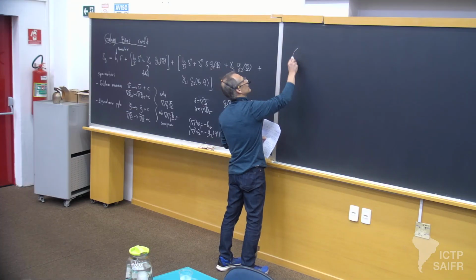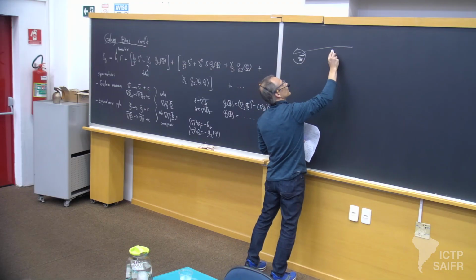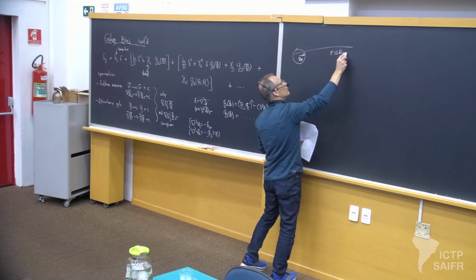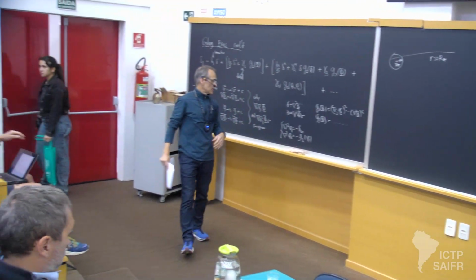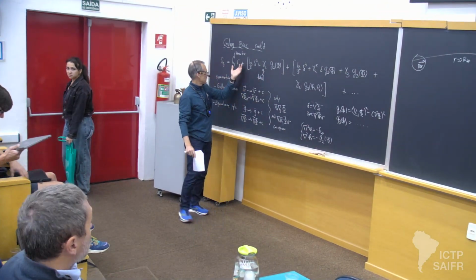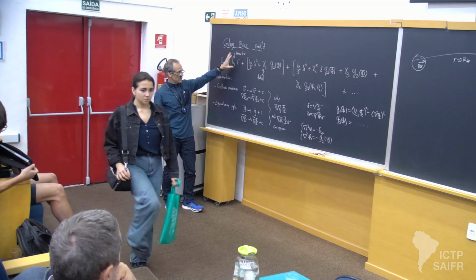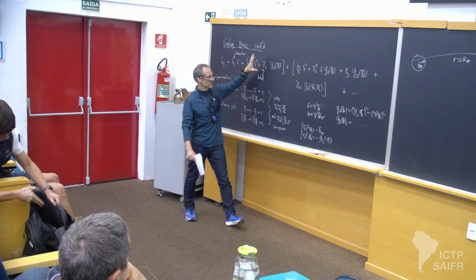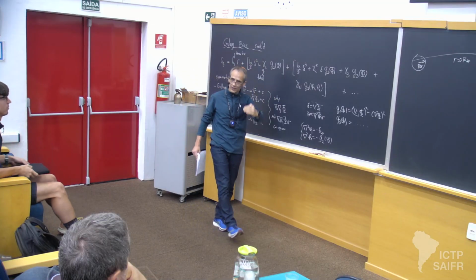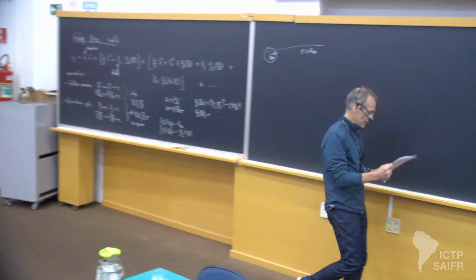So if the size of a halo is R star, we are interested in scales which are much larger than the size of a virialized system, okay? And so we are using perturbation theory, and in that scheme we know that quadratic fluctuations are smaller than linear, cubic smaller than quadratic, and so on. So we have a hierarchy of corrections that is well established, okay?